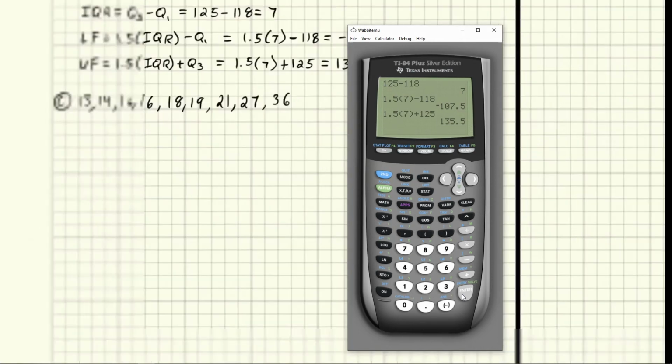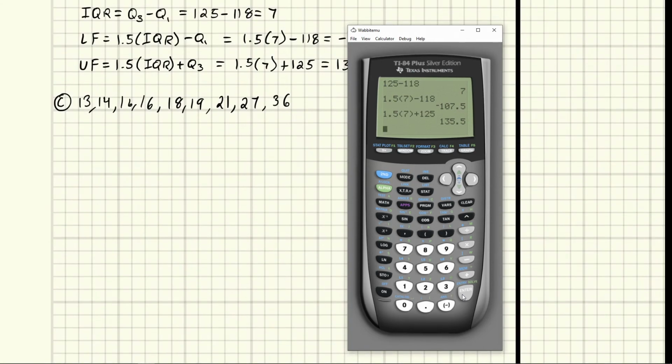All right. Now let's go ahead and find them. So how many numbers do we have? 1, 2, 3, 4, 5, 6, 7, 8, 9. We have 9 numbers. 9 divided by 2 is equal to 4.5, which rounds up to 5.